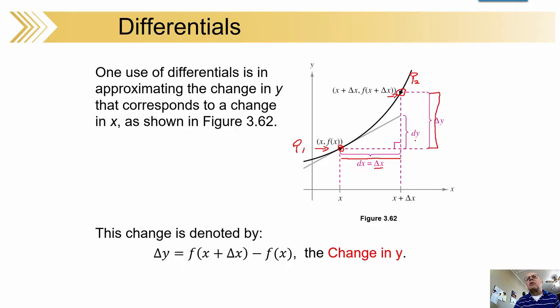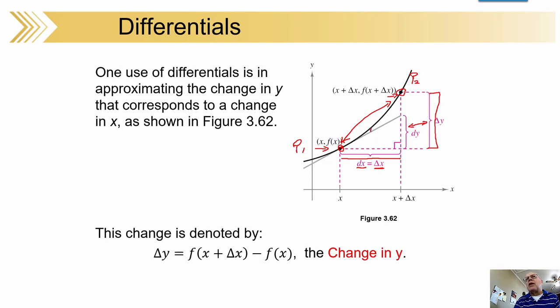Now what we're saying with the differentials is, first of all, if you want dx, you just take delta x. Real simple. Dy will be somewhat similar to delta y. And the closer point 1 and point 2 are to each other, the closer delta y and dy will be to each other.